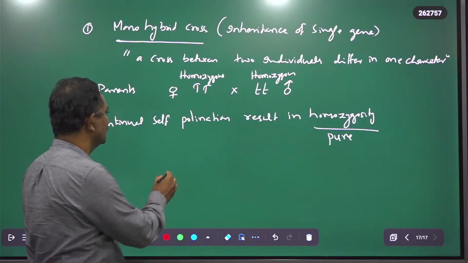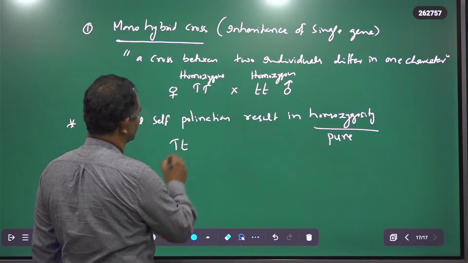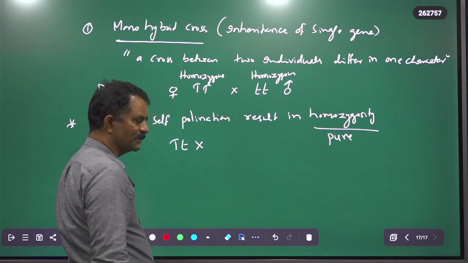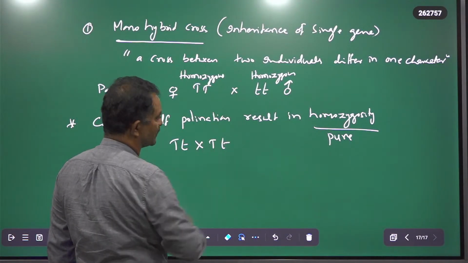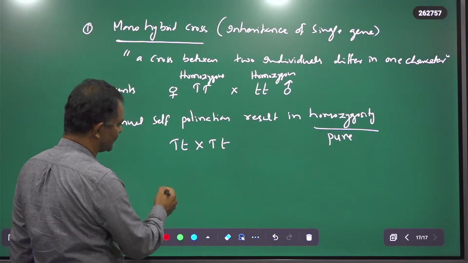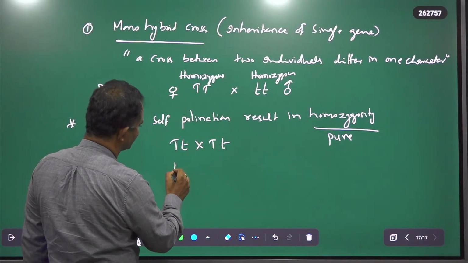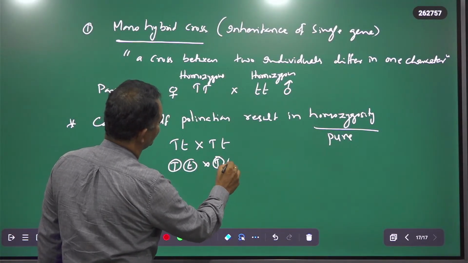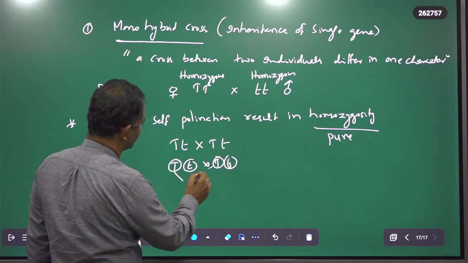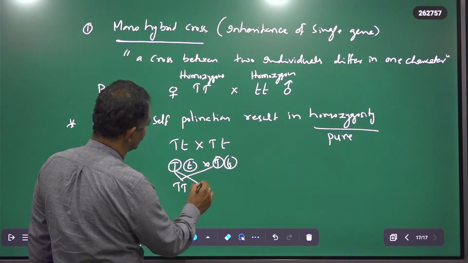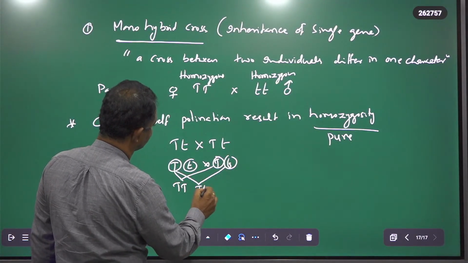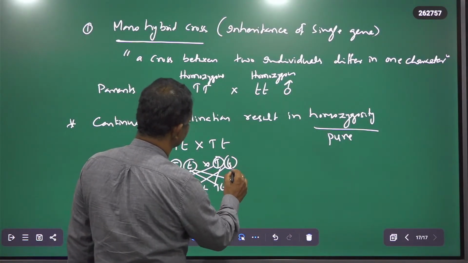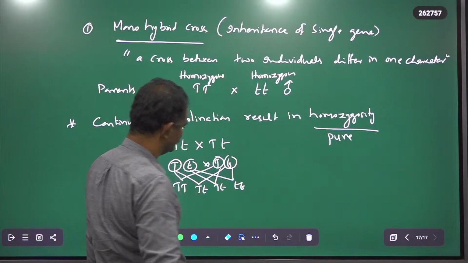For example, if there is a heterozygous plant, then we self-pollinate that same heterozygous plant. Two gametes are there, capital T and small t, as well as capital T and small t. The result is capital T capital T, capital T small t, small t small t.